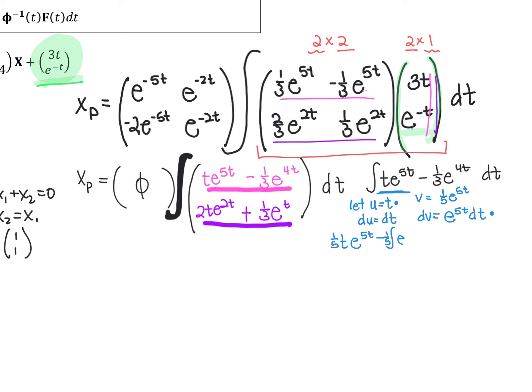And so we get 1/5 t e to the 5t minus, that would end up being 1/25 e to the 5t. And that was just this first term in that integral. We still have this minus that we need to take the integral of this 1/3 e to the 4t. So we'll end up with minus 1/12 e to the 4t.